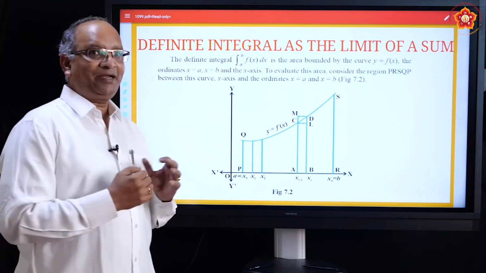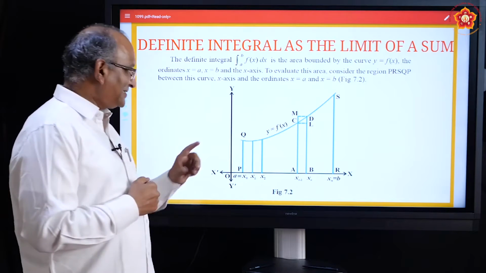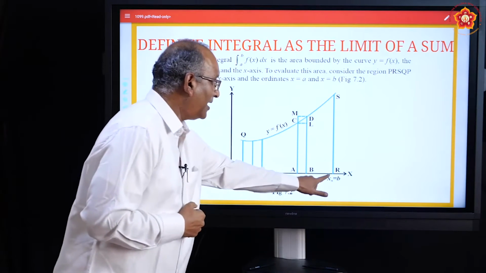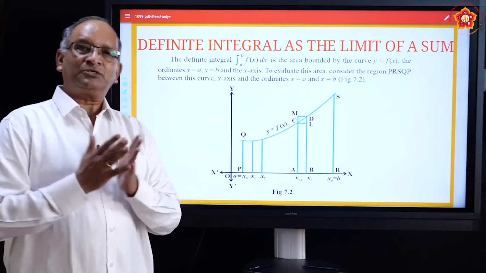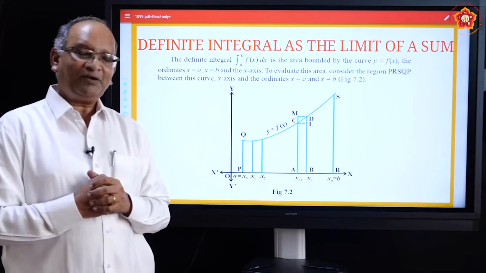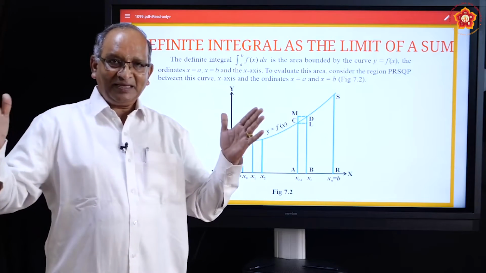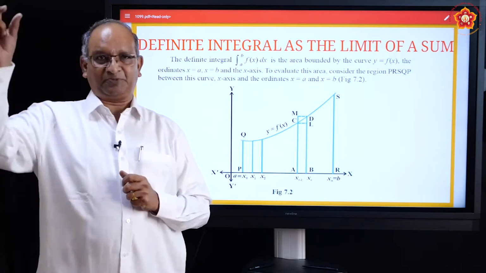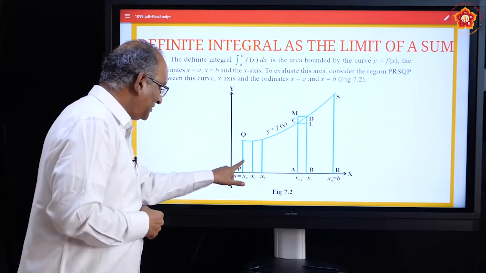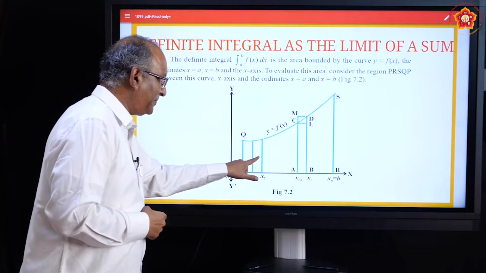So what is it that we are trying to do here? This is the area P, R, S, Q. This area we want to calculate. So how are we going to calculate? We are dividing this entire area into small strips. Let us say, for example, this is one strip, this is the next strip, and like that.